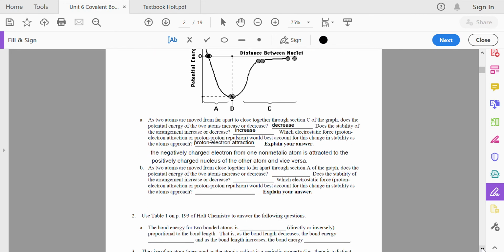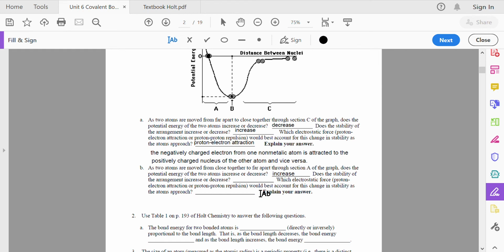As the two atoms are moved closer together, too far, through section A, that's this side of the curve, as we try to force them even closer together, does the potential energy of the two atoms increase or decrease? It increases. You have to push it together because they're repelling each other.